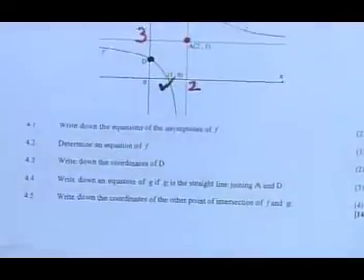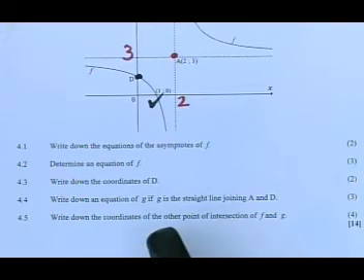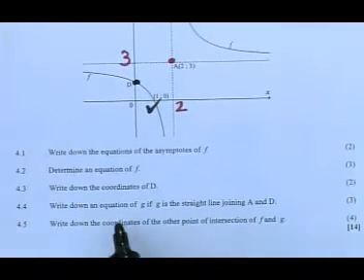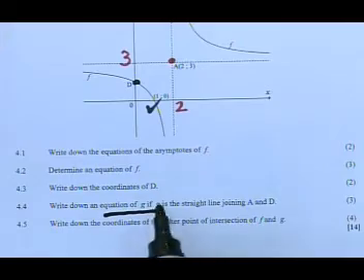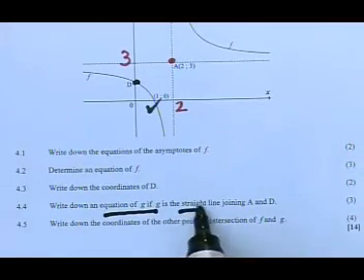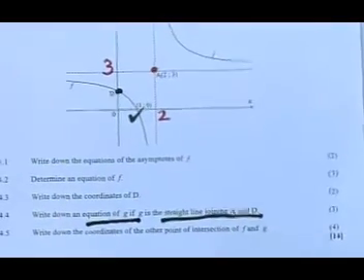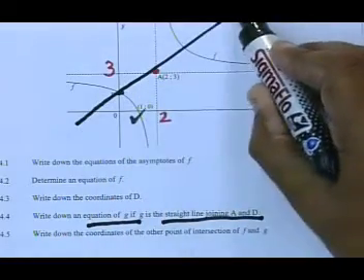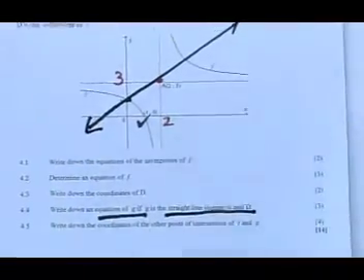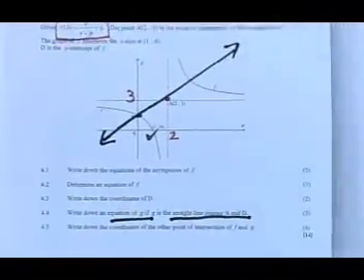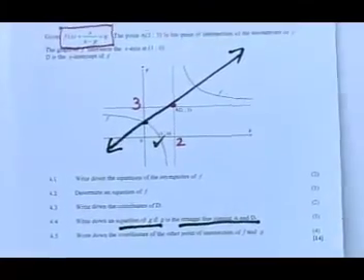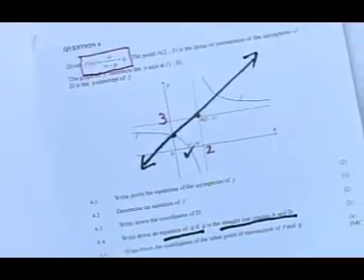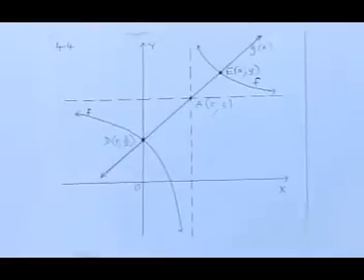In 4.4, they are asking you to write down an equation of G. All right, they are telling you that there's an equation called G, which is the straight line joining A to D. So point D and point A are being joined via a straight line. Okay, let's just notice what happens if we do that a little bit clearer.